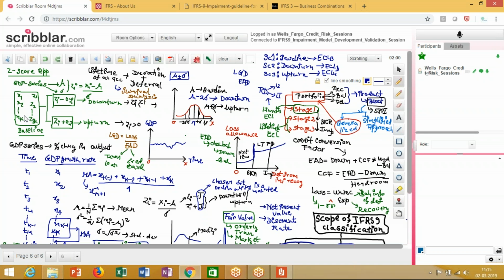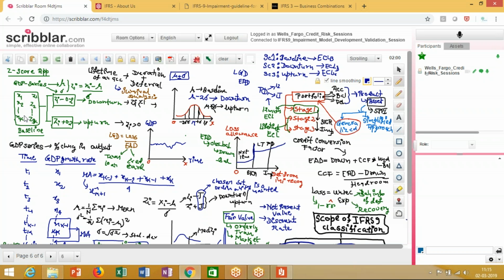So time series would be coming in when you are predicting. Over here, we have not gone to the problem of predicting right now. We are focusing on the classification of assets. I need to first create my data set. Given an investment portfolio, how do I know which of the assets should enter into my model, or which are the ones on which I'll compute my ECL? I need to identify the heads first.